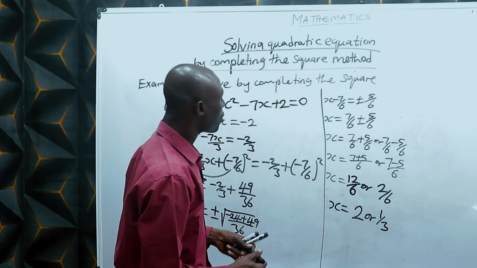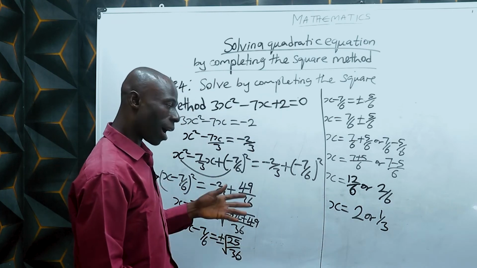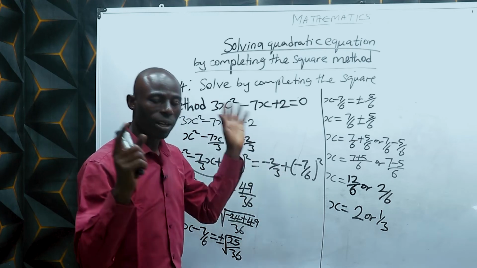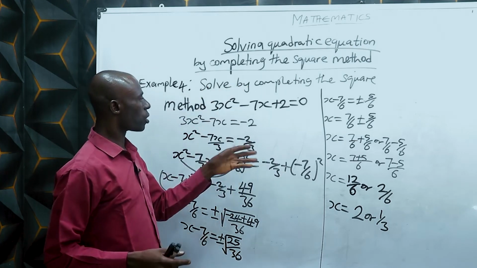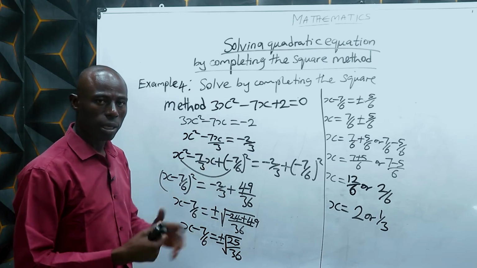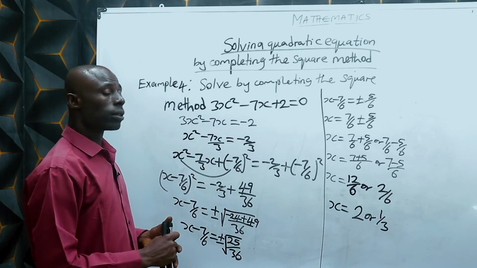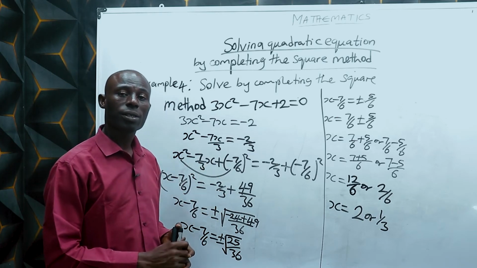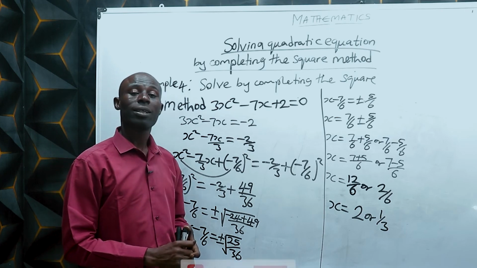So the roots of this quadratic equation are 2 and 1 over 3, by completing the square method.